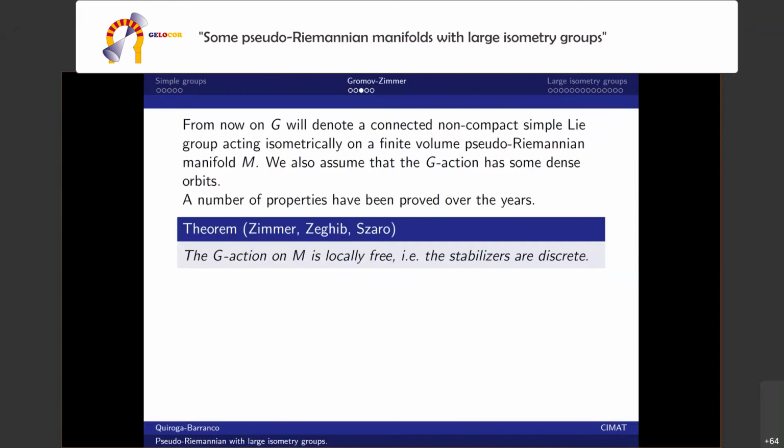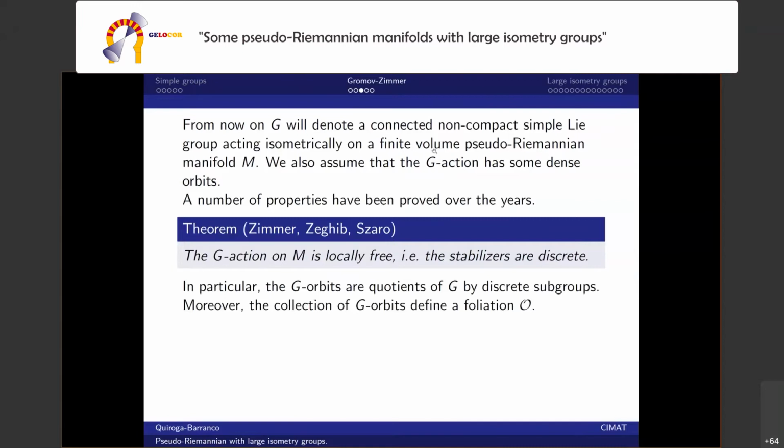This is very non-trivial because in particular, it tells you that the group is immersed within your manifold, and the orbits are quotients of the group G itself by some discrete subgroup of G. In particular, the dimension of the manifold has to be bigger than the dimension of the group.